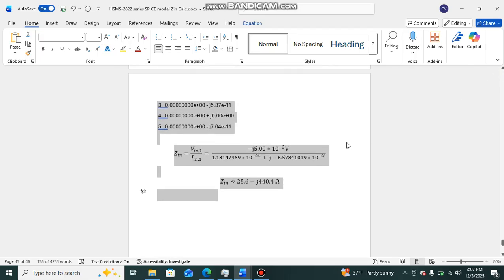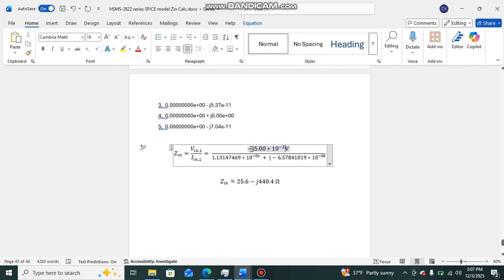And so you can now do your new input voltages, and actually it came out to be -J5 again, but it changed the current, which now if you do this divided by that, you get the input impedance, which is 25.6 minus J 440.4 ohms.